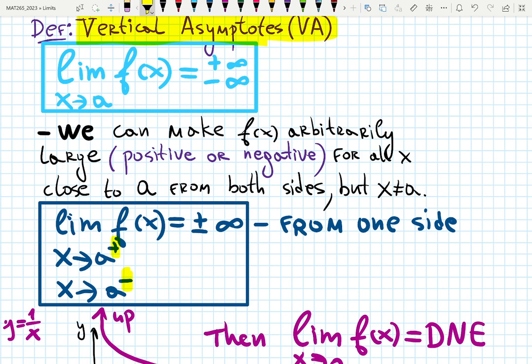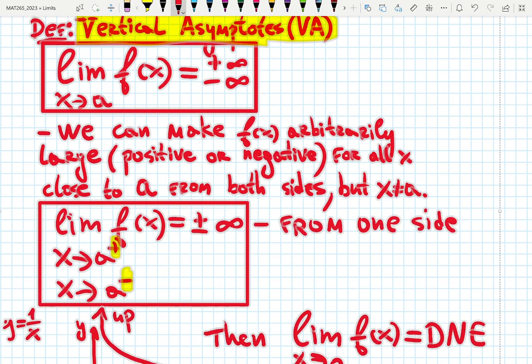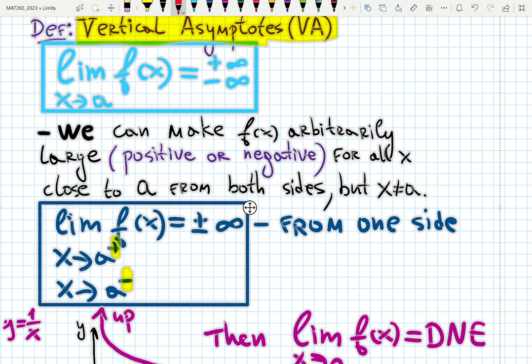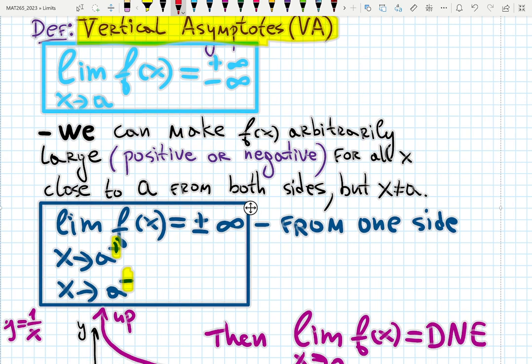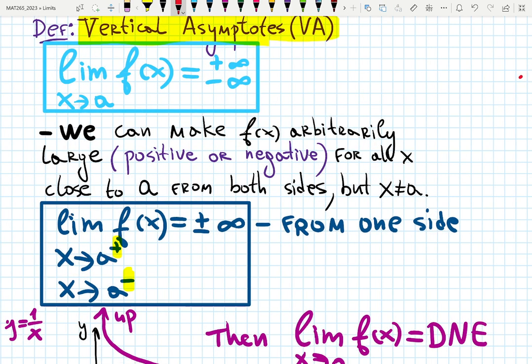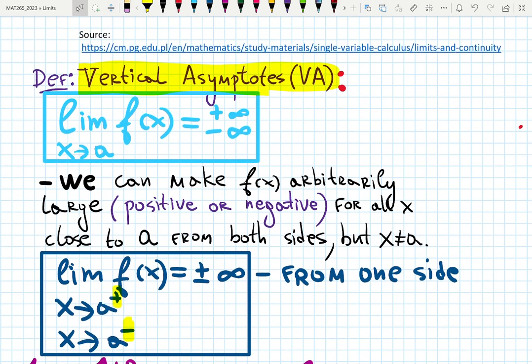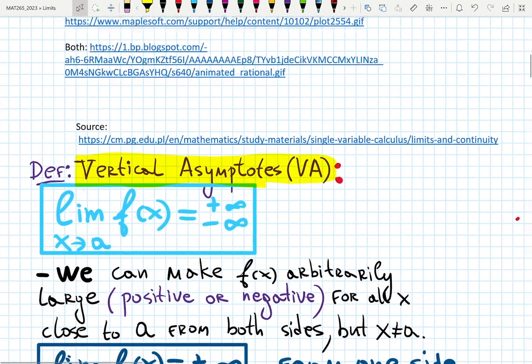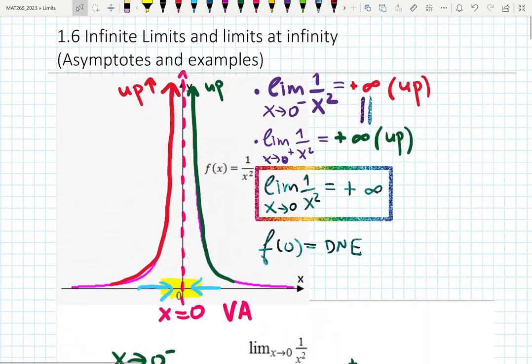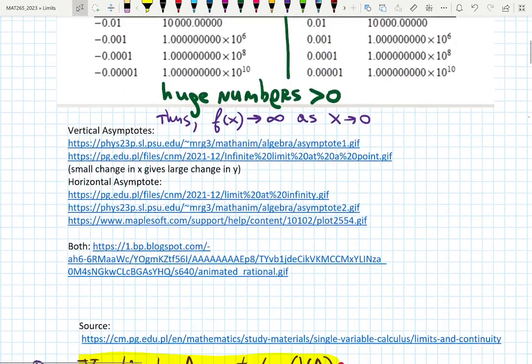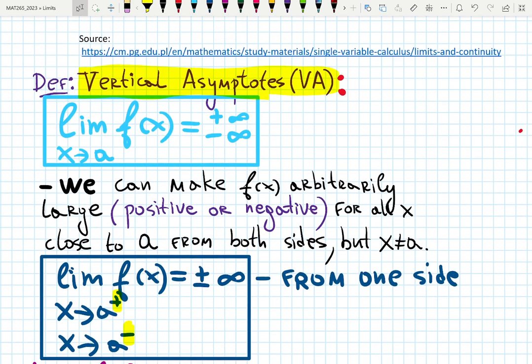So a recommendation on how to find it, let me put right in front of it. To find it, someone mentioned, check the denominator. So in this case, at 0, it was 1 over x. Also check the denominator. Where is the denominator 0? So check the denominator is 0.